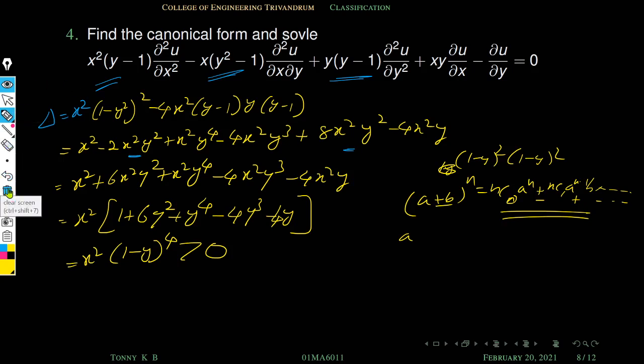So it's a hyperbolic equation, so you can find the characteristics. How to find the characteristics? dy by dx is equal to (b plus or minus root delta) by 2a. Okay, let me just simplify and write it.